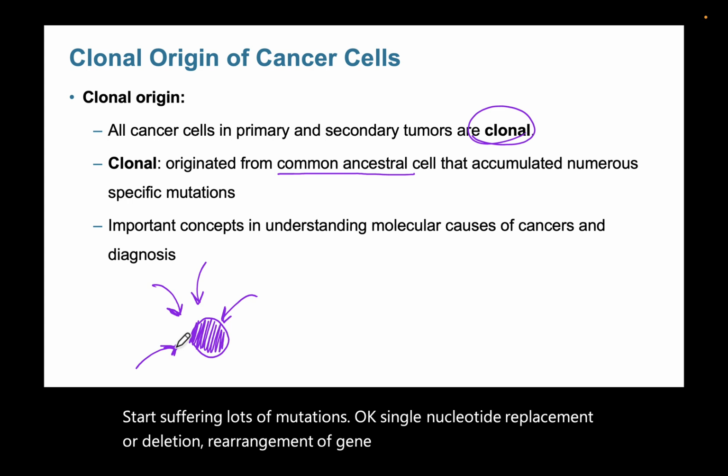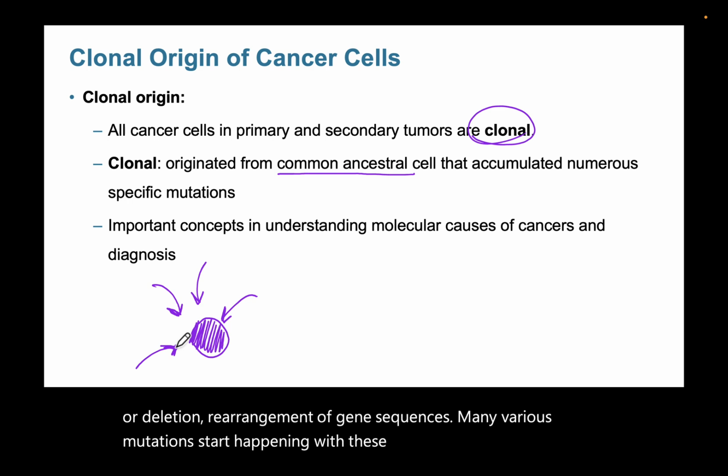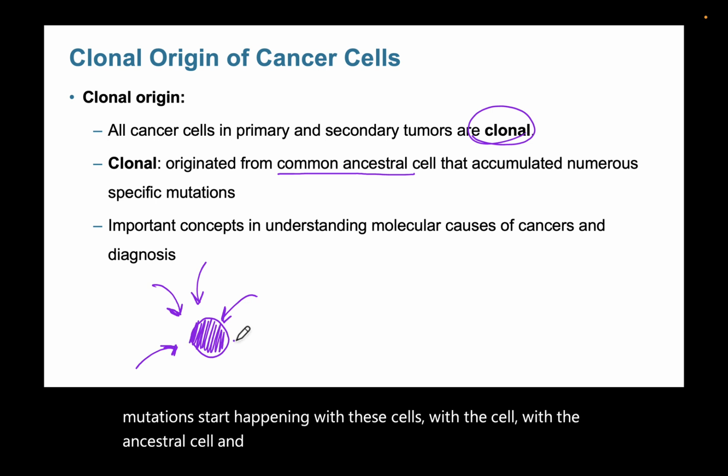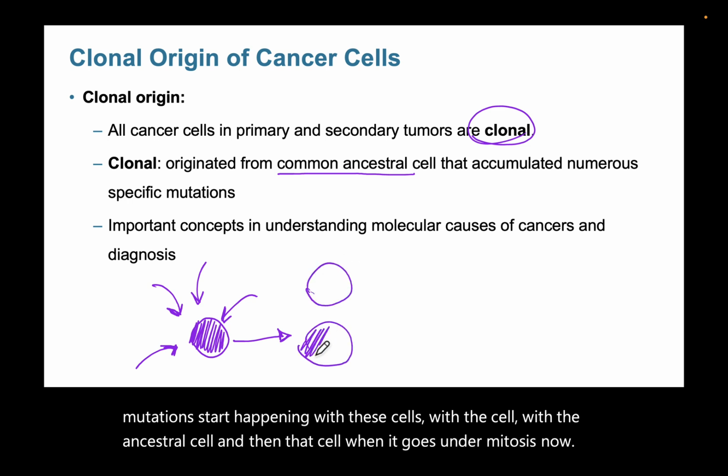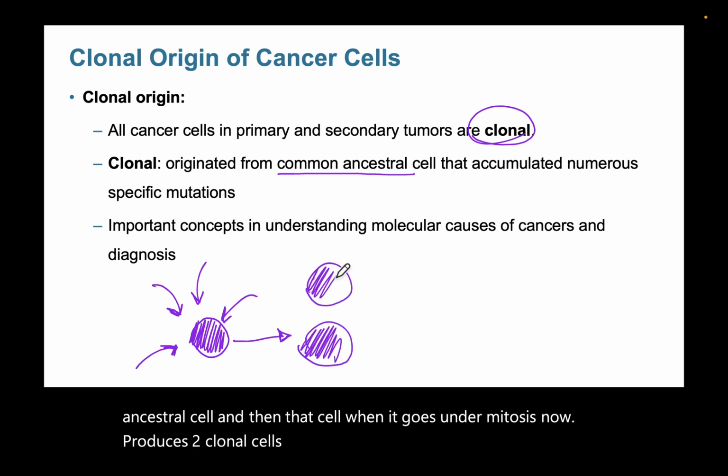Many various mutations start happening with the ancestral cell. And then that cell, when it goes through mitosis, produces two clonal cells that accumulated all these mutations.